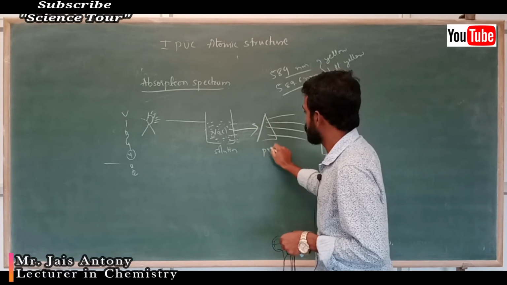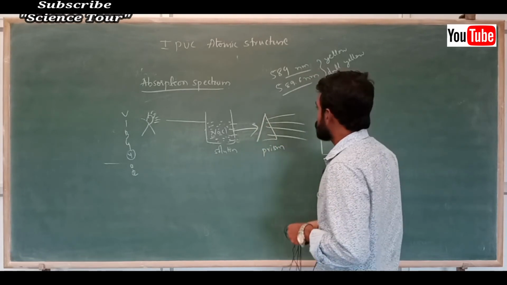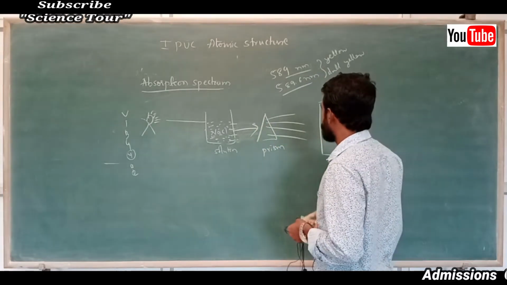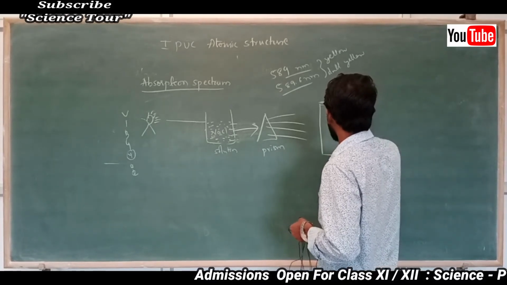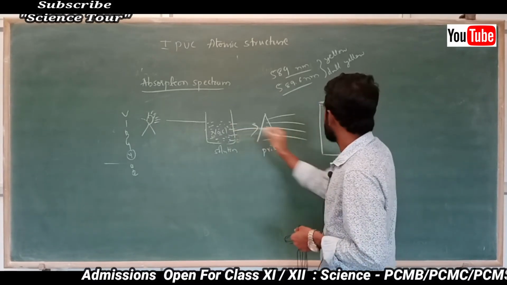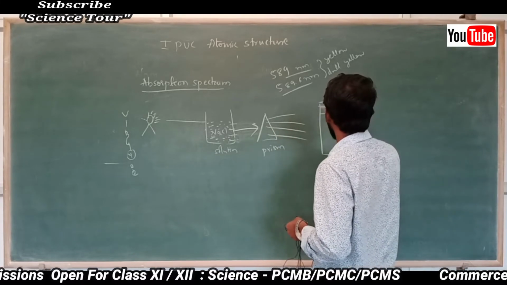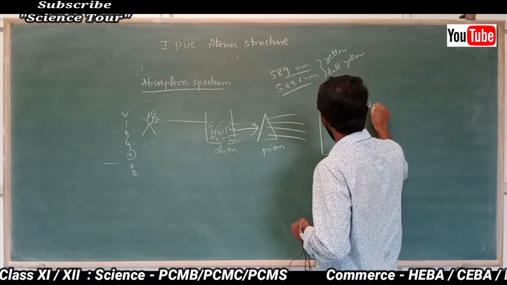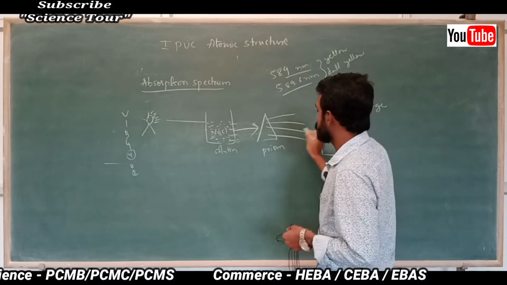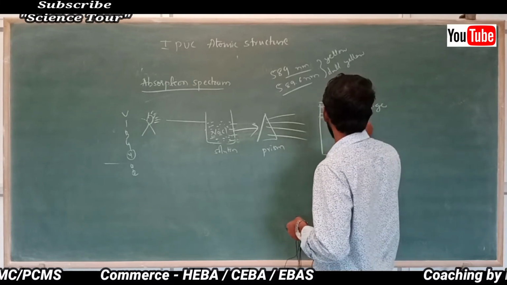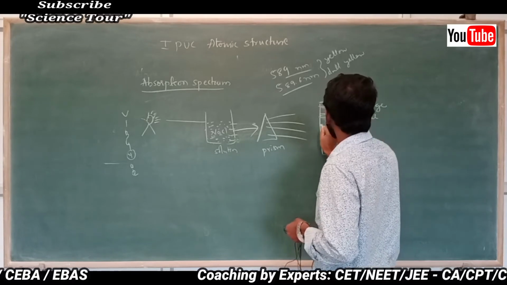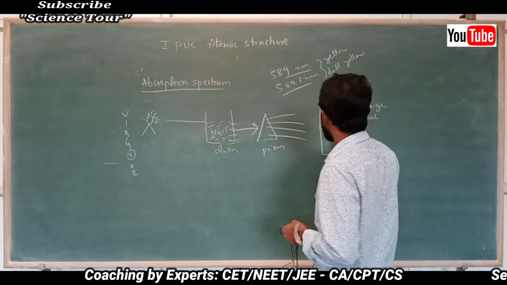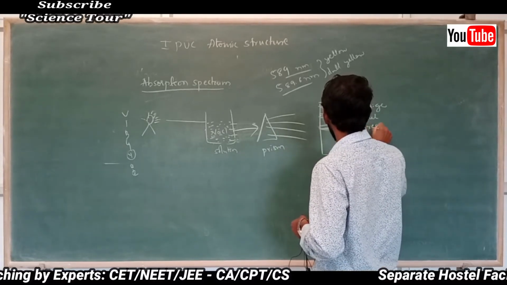This is the prism. So which color is missing? Violet is there, then indigo is there, next blue is there, next green is there.